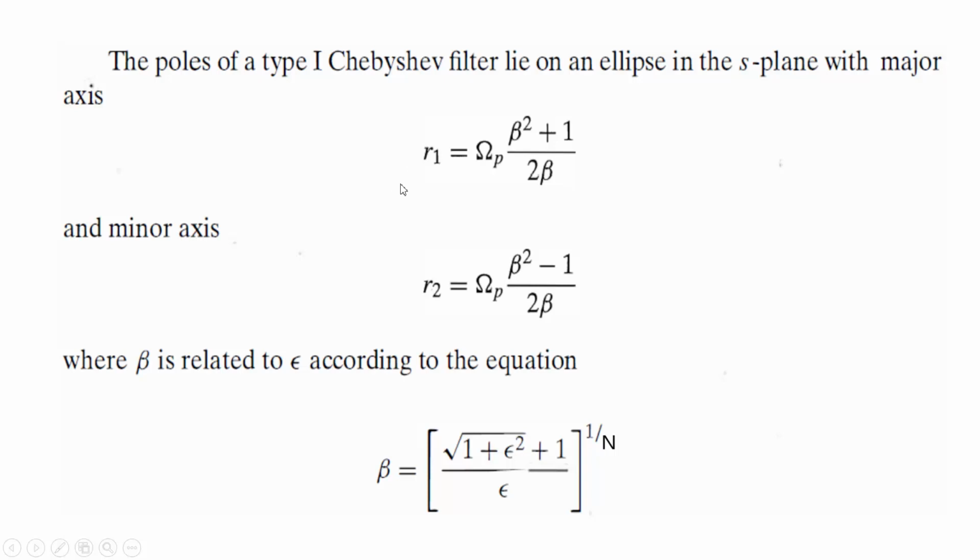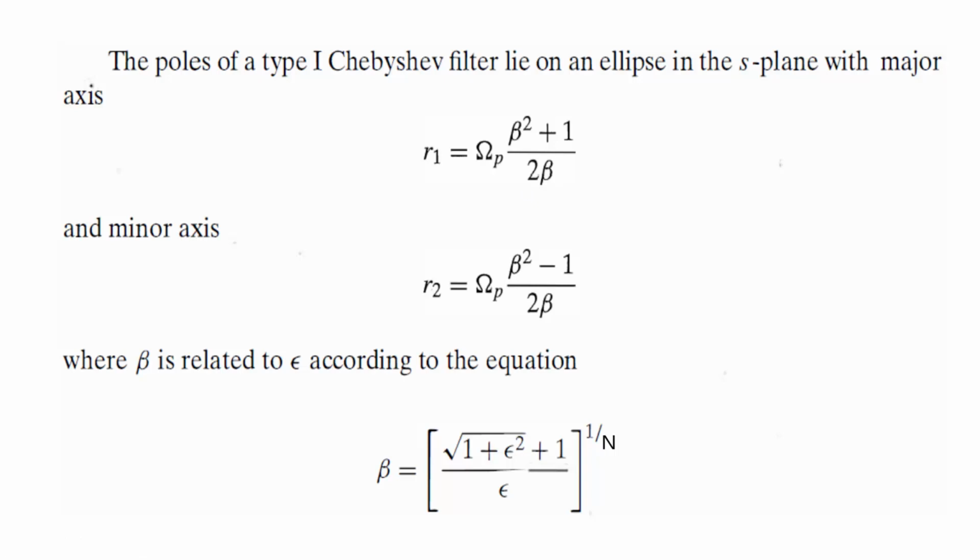The major axis will be defined by R1 and will be given by omega p times (beta square plus 1) divided by 2 beta. I am not deriving these formulas, but since we have to go into the design of Chebyshev filters, I'm taking the formulas as they are from the literature.